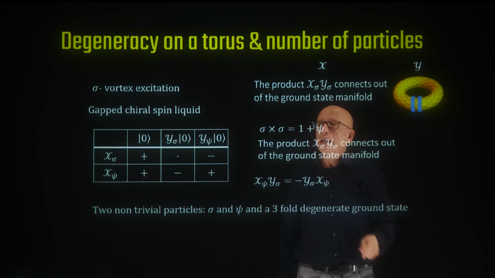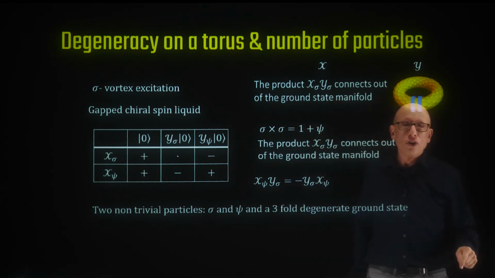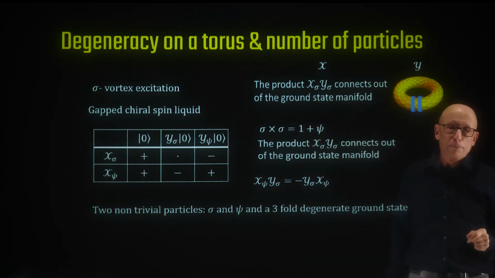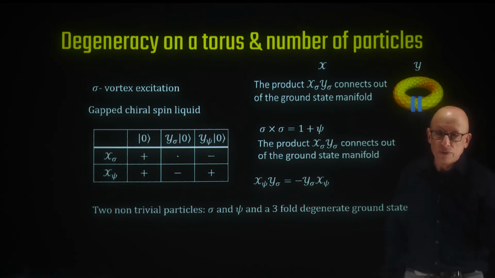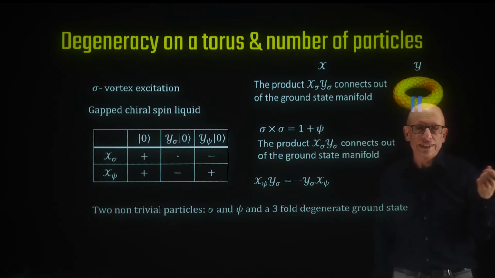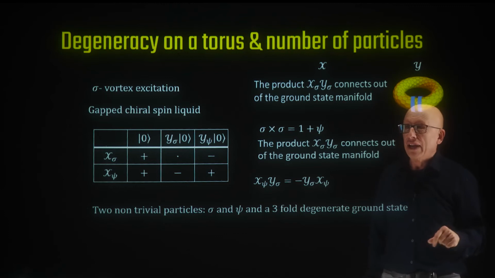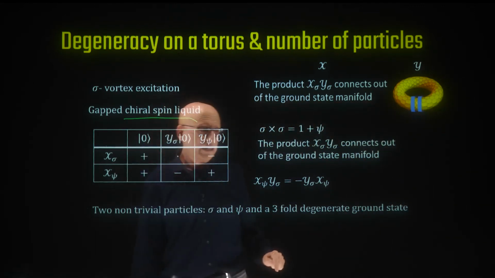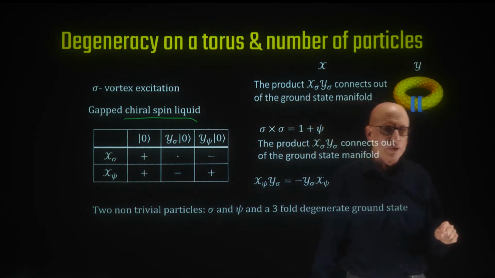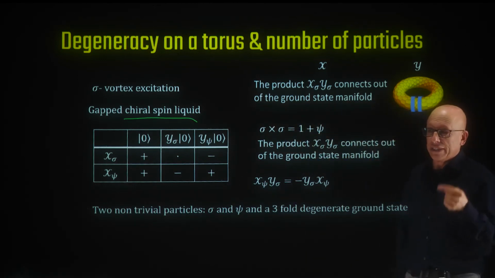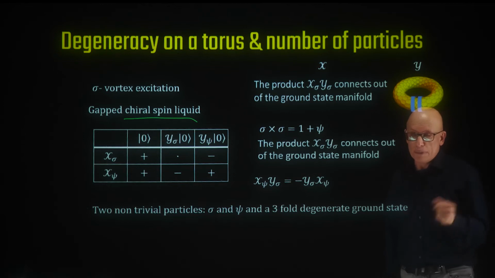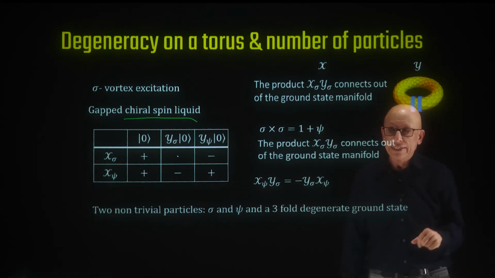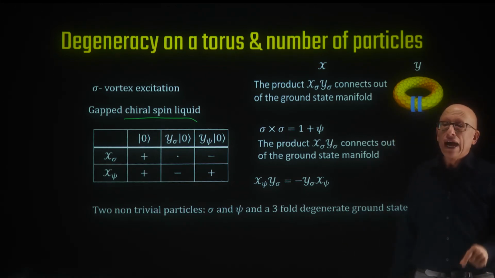For example, I could do the same thing on another type of topologically ordered state that we just had a long discussion of with Yuval. And this is the chiral spin liquid, the gapped phase of the chiral spin liquid that comes out of the honeycomb model, the spin model that we discussed earlier.